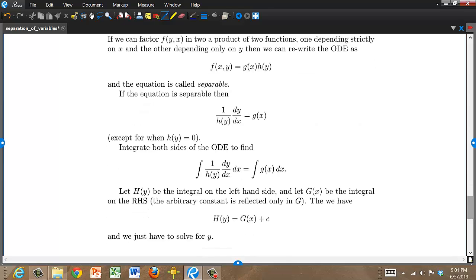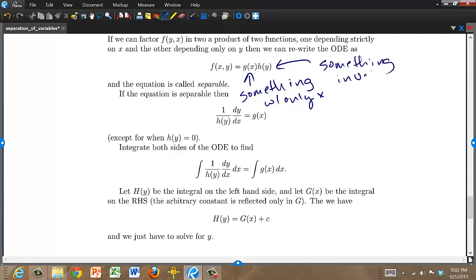If you can factor out that right-hand side so that it is something with only x's times something involving only y's, then the differential equation is called separable, okay?